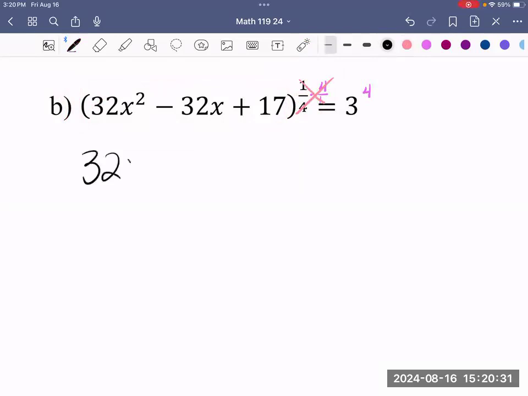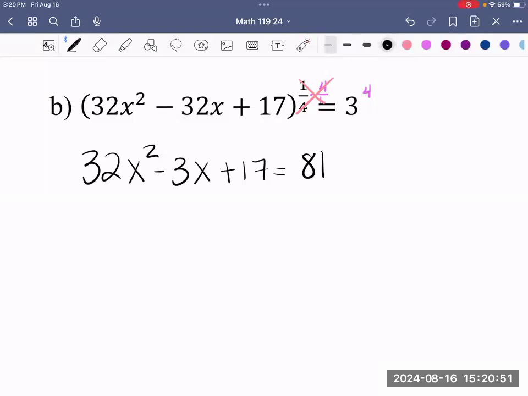So we have 32x squared minus 32x plus 17 is now equal to 81. Now, have we seen something kind of like this? Hopefully, yes. Back in chapter 1.8, we learned how to solve quadratics.